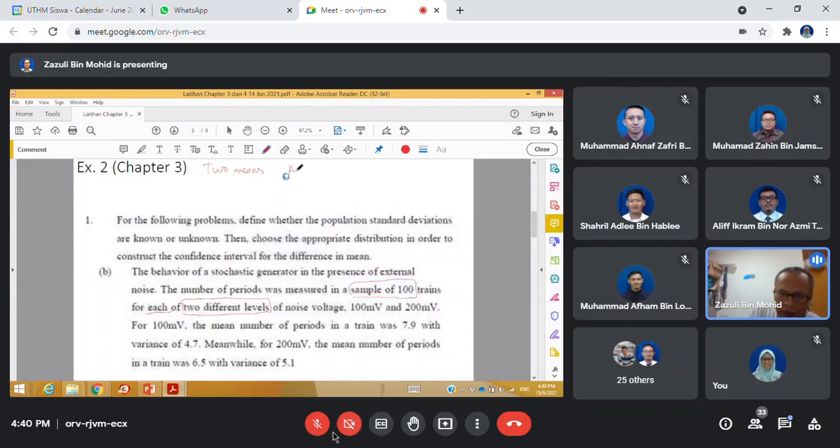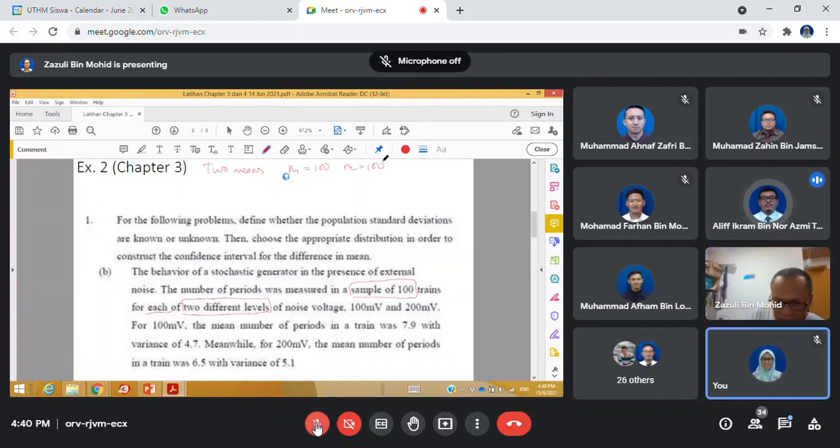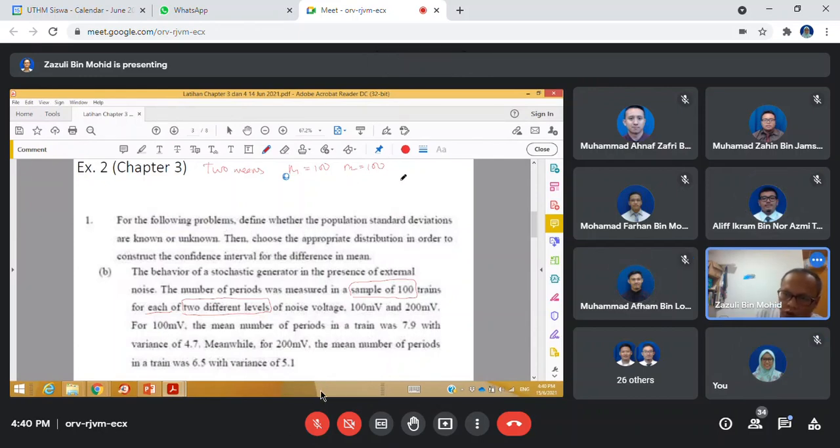That means N1 is 100, N2 is also 100. Dengar? Dengar. So from here you can say that N1 is equal to N2.